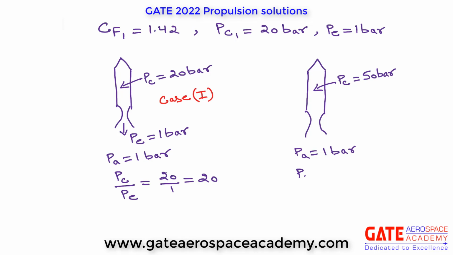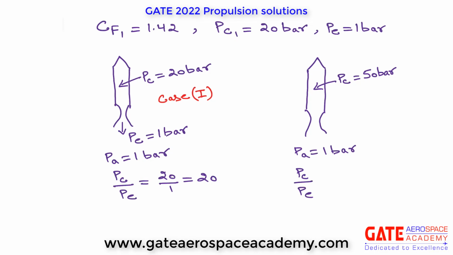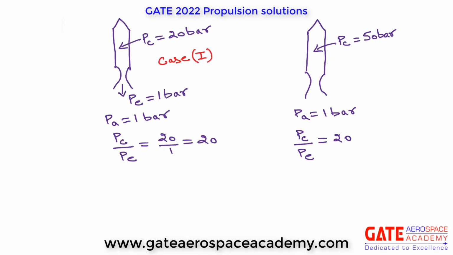This ratio PC by PE will be equal to 20. Right? So P exit will be equal to PC by 20, that is 50 by 20, 2.5 bar. Right, this is for case 2.